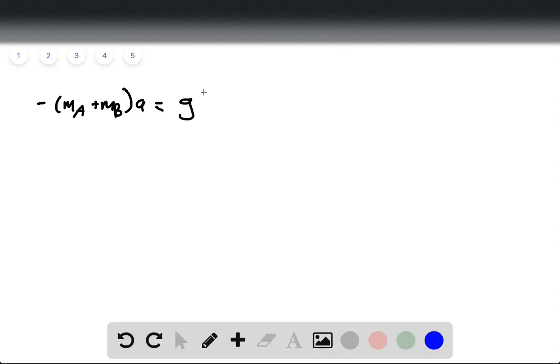Can factor out the G, acceleration due to gravity, and we can also factor out the masses and write these just like this.